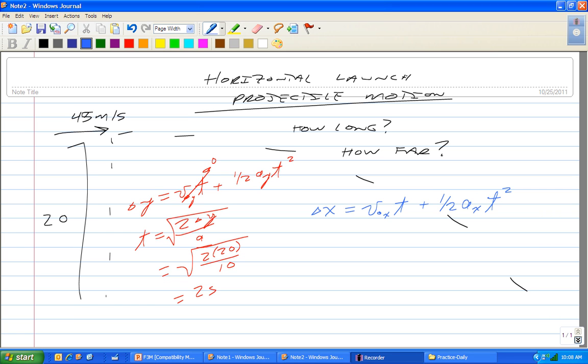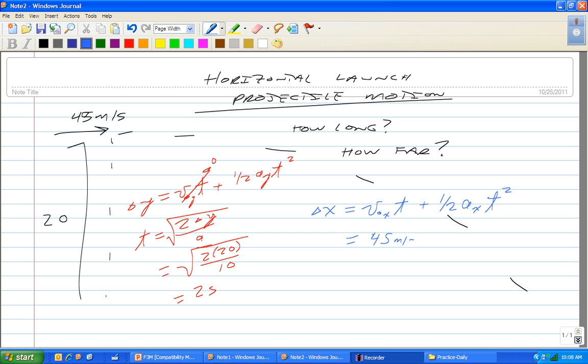Is that arranged the way I want it to be able to find how far away from the building it lands? Yes. So now I just have to substitute. What was the initial velocity in the horizontal direction? 45, right? Because all of that velocity was horizontal.